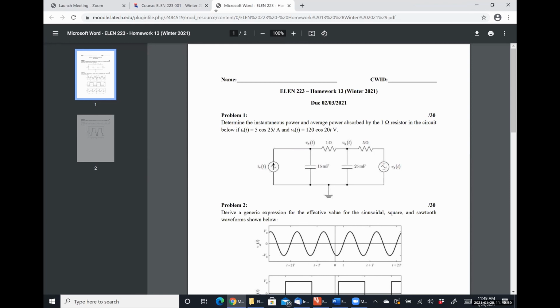And then you have to do all of that cross multiplication in the time domain. So you're doing the superposition in the frequency domain to get how this behaves at this frequency and how it behaves at this frequency. Then you have to do all of your other work in the time domain.